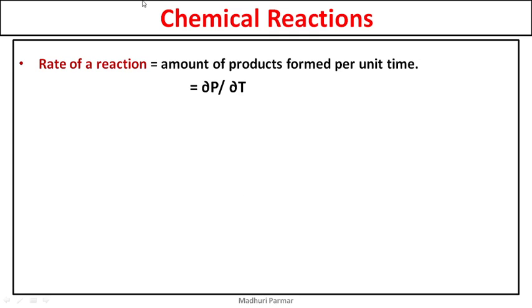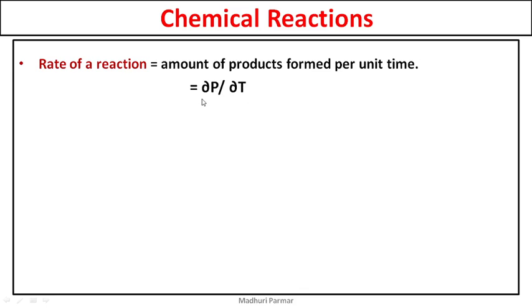Now when we talk about chemical reactions, we also talk about its kinetics. Okay, so rate of reaction, rate is nothing but anything upon time. Clear? So here what we are seeing is the rate of reaction, which means the amount of product formed per unit time. So you have this amount of product formed, P, capital P, divided by the time.